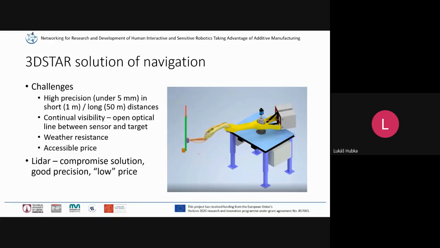The printing tool distance from the center of the machine can be in some scale, let's say half a meter to 5-6 meters. So in this short distance, you need to hold some precision. Our aim is to be under 5 millimeters. It seems it will be enough.